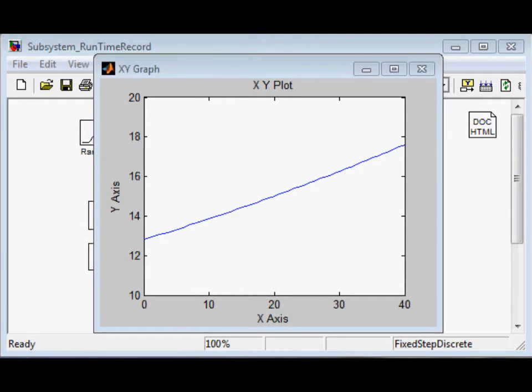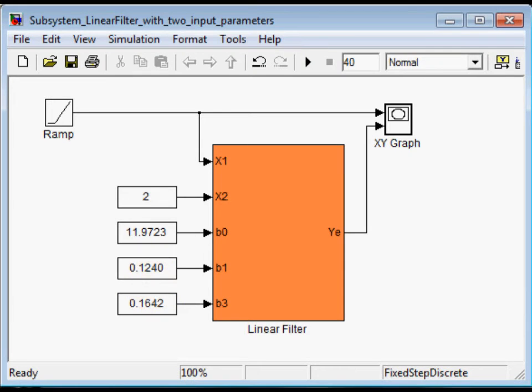Here you see the result. As we vary the wind speed from 0 to 40, the time record varies from 13 to about 18. So much for the physical function.